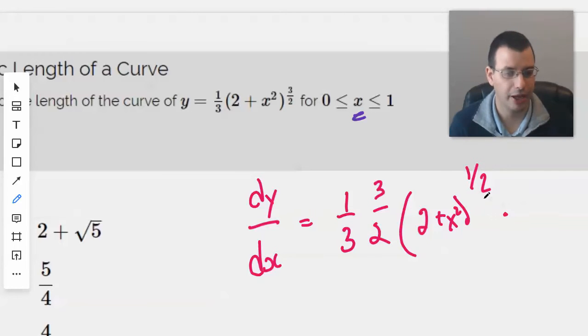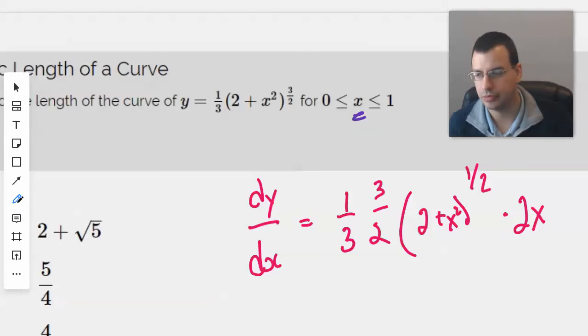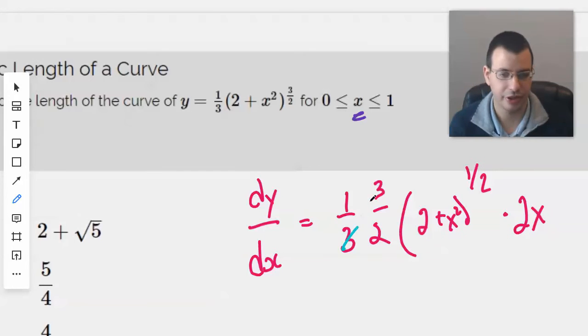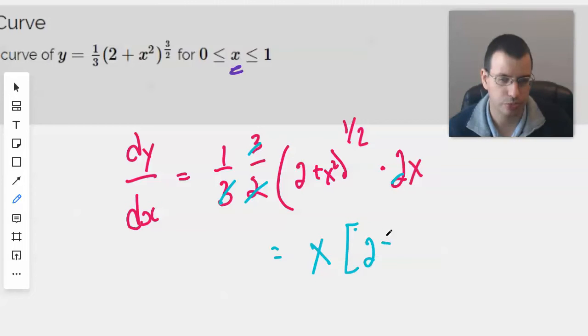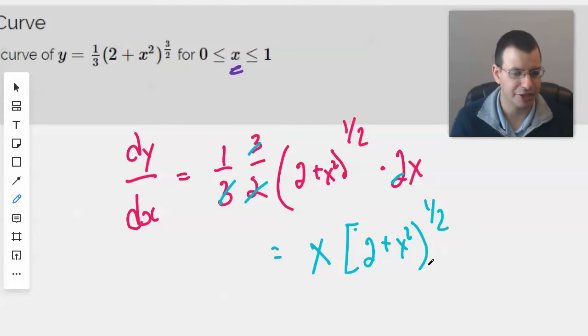But then we'll multiply by the derivative of the interior, which will be 2x. Do some canceling, convenient canceling. And we're left with x times (2 plus x squared) to the 1/2.